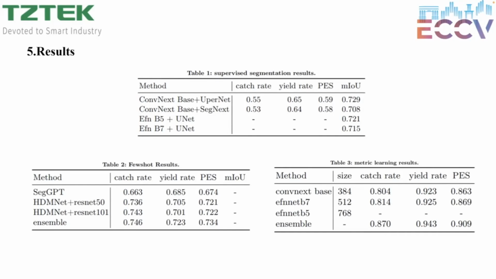Table 2 indicates that using SegGPT and HDMNet can significantly improve the segmentation accuracy for unseen and unknown categories. Table 3 demonstrates that using a metric learning model can significantly improve the inconsistency between query and support categories.